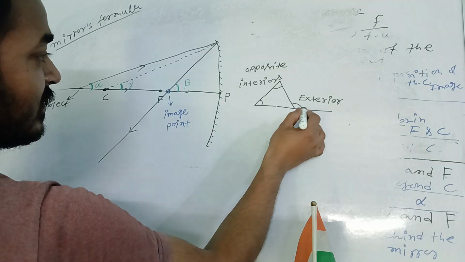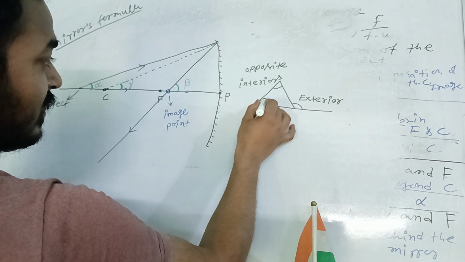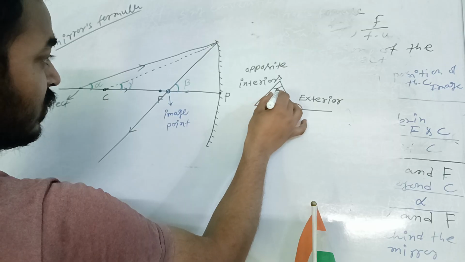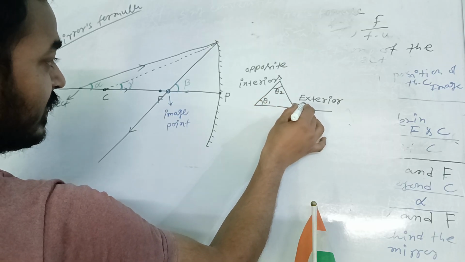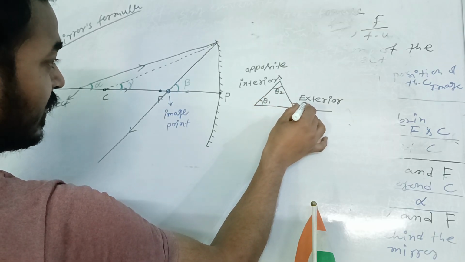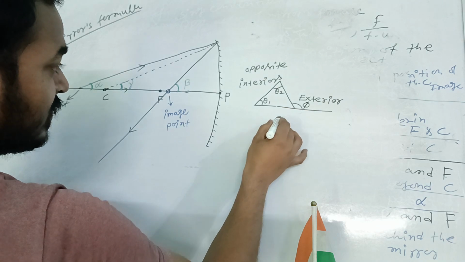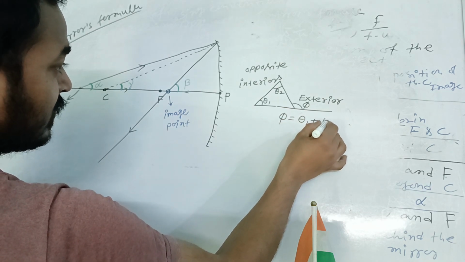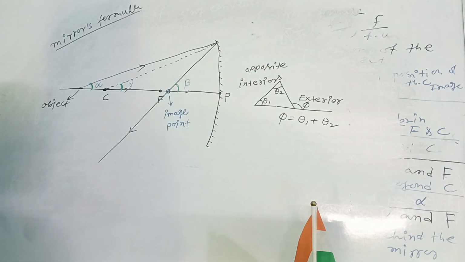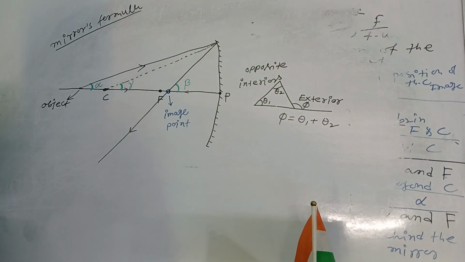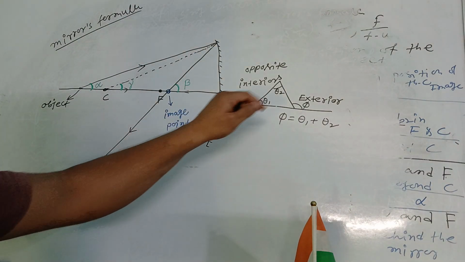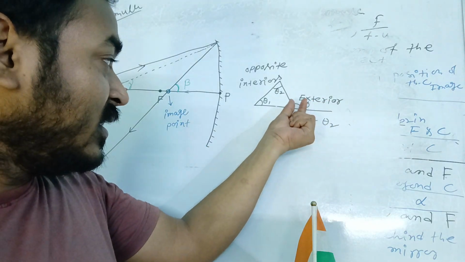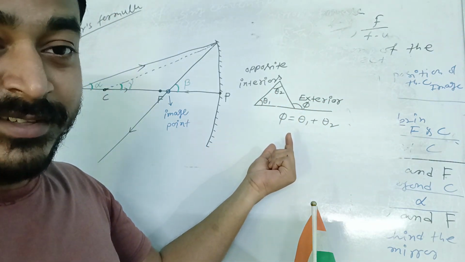So if I write exterior E and its opposite interiors theta 1 and theta 2, and this one I write as phi, then this exterior phi is equal to theta 1 plus theta 2. So the value of an exterior angle is the sum of the two opposite interiors.